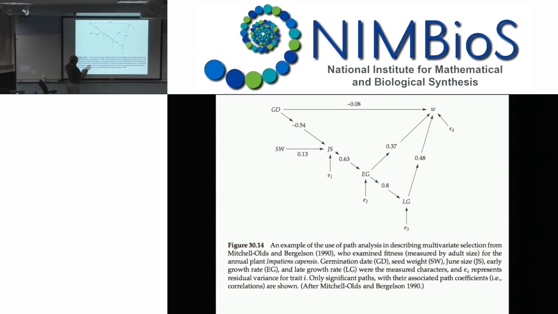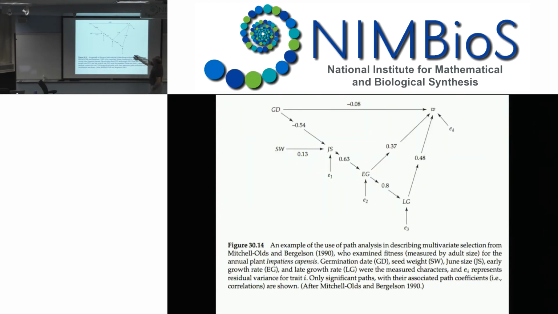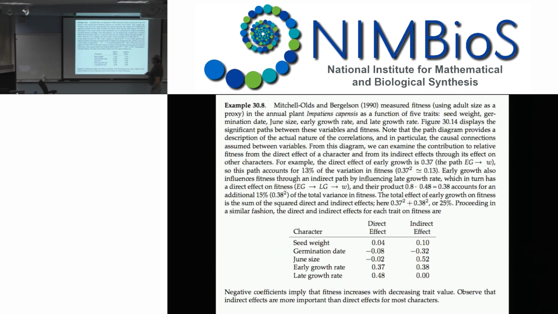So I've got one direct path here to there, and then I've got these indirect paths. And if you look at the indirect effects of seed weight on fitness, it's 0.1. If you look at germination date, I've got a path down here of minus 0.08. Then I've got paths through there, so that times that times that, and a path through there, that times that times that times that. And it turns out the indirect effect is given by here.